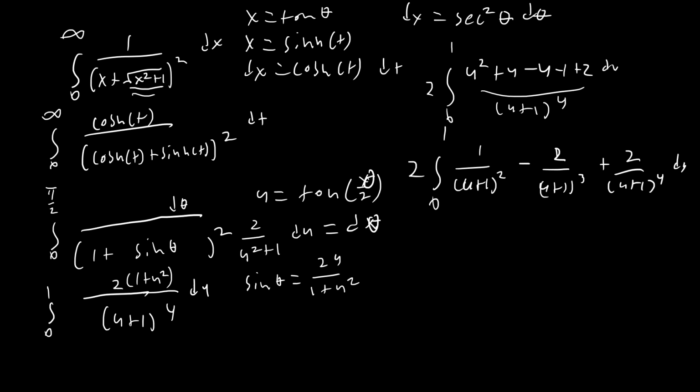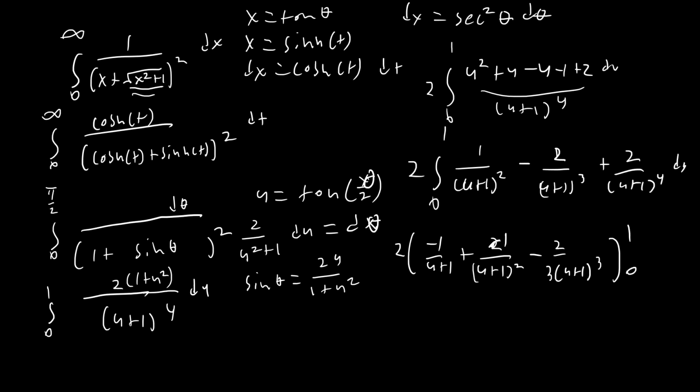So we're going to have 2 times negative 1 over u plus 1 plus 2 over u plus 1, or I guess just 1 over u plus 1 squared, minus 2/3 u plus 1 cubed, evaluated at 1 and at 0.